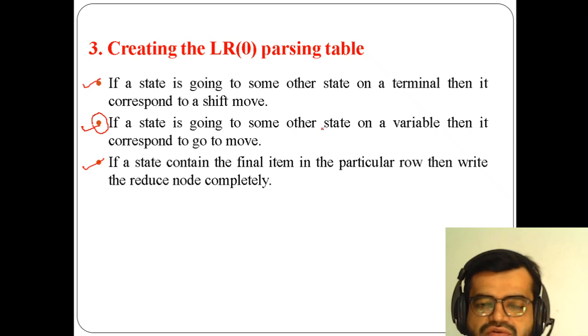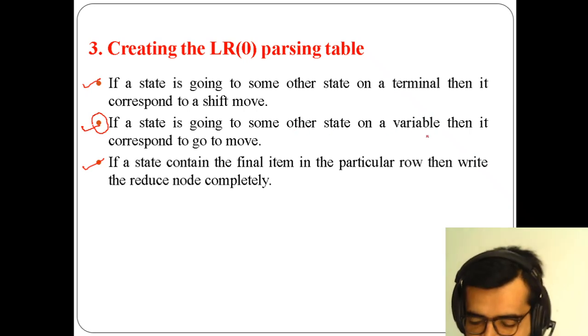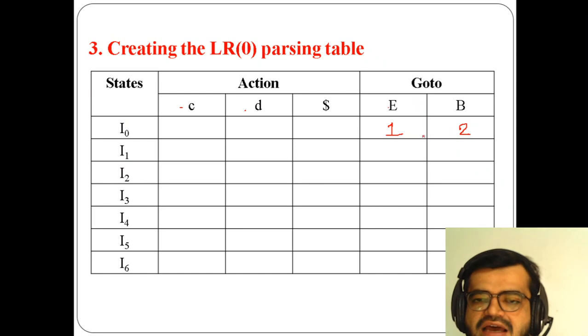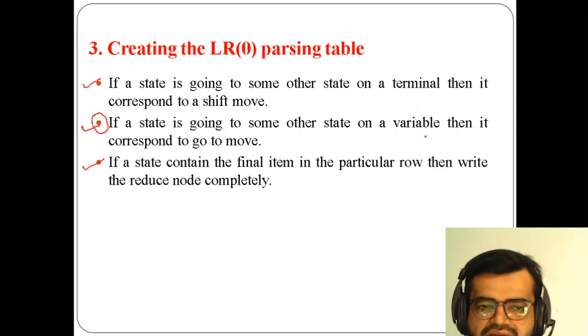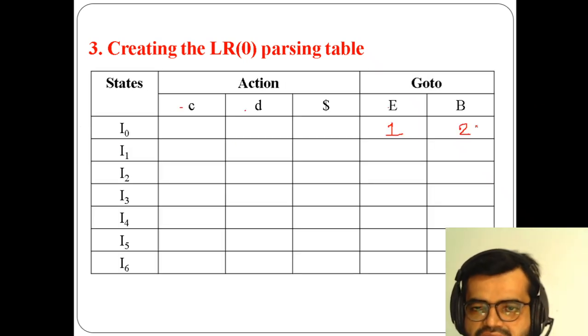If a state is going to some other state on a variable, here E and B are the variables, then it corresponds to goto move. Goto move you have already taken, right?